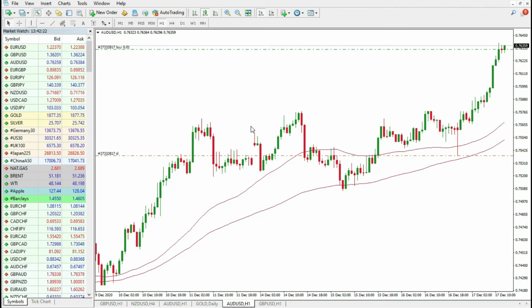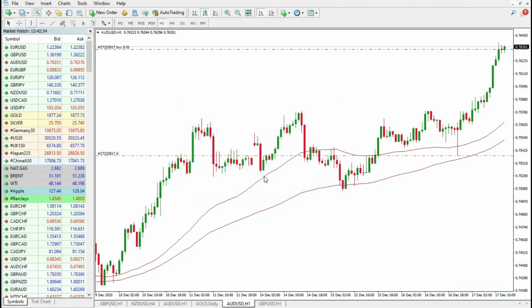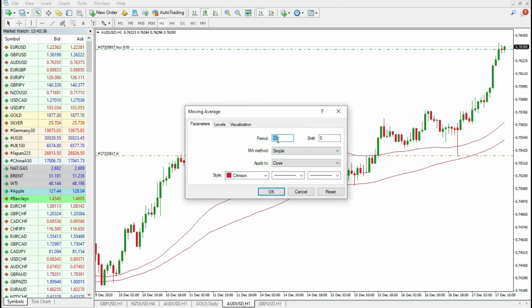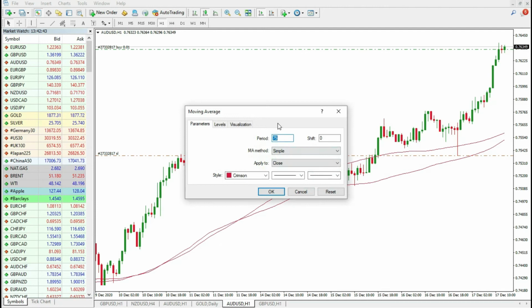There is no such thing as better, smoothed or simple moving average. It's just about the period, because a smoothed moving average with period 50 is maybe the same as if I put 75 of simple. Look at this. Closer. Look at this. More closer. Look at this. I will put 100.